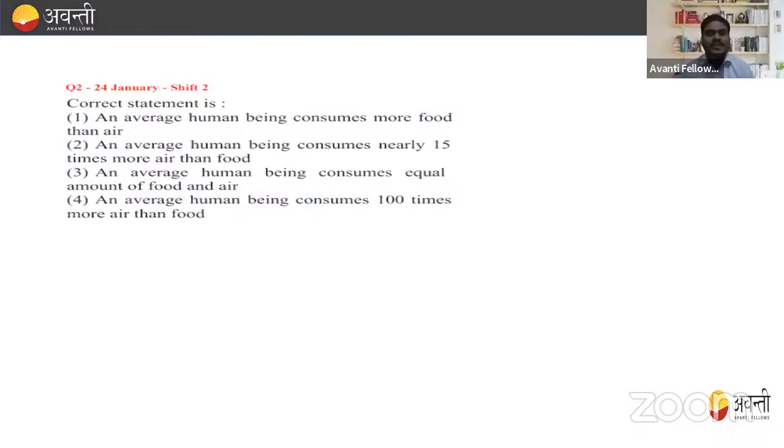Option number 2 is absolutely correct: an average human being consumes nearly 15 times more air than food. Try to remember this.